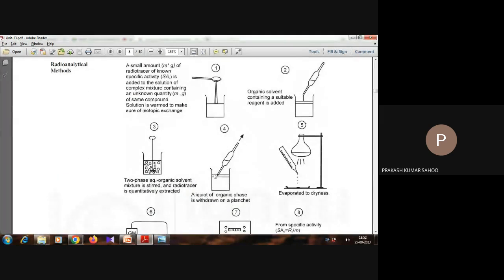Then we have the experimental part. A small amount M star of the radiotracer is added in step 1 with activity SA1, that is activity per mass in milligram, which contains M1 gram of the analyte. Then the solution is warmed to make sure of isotopic exchange. In the second step, an organic solvent containing a suitable reagent is added.